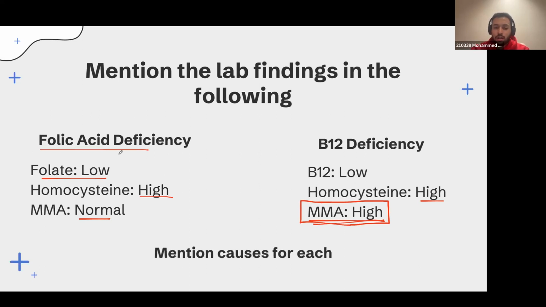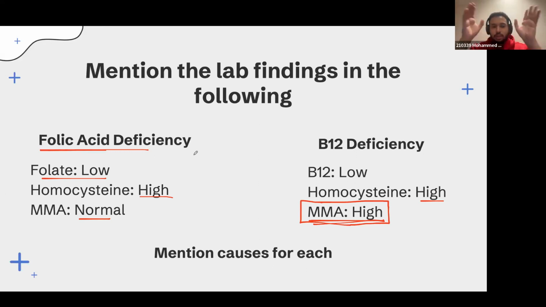Now, can you tell me causes, firstly, of folic acid deficiency? Alcohol, perfect. Give me another one. Methotrexate, perfect. Another one is pregnancy, because of DNA synthesis, perfect. Now, B12. Perfect.